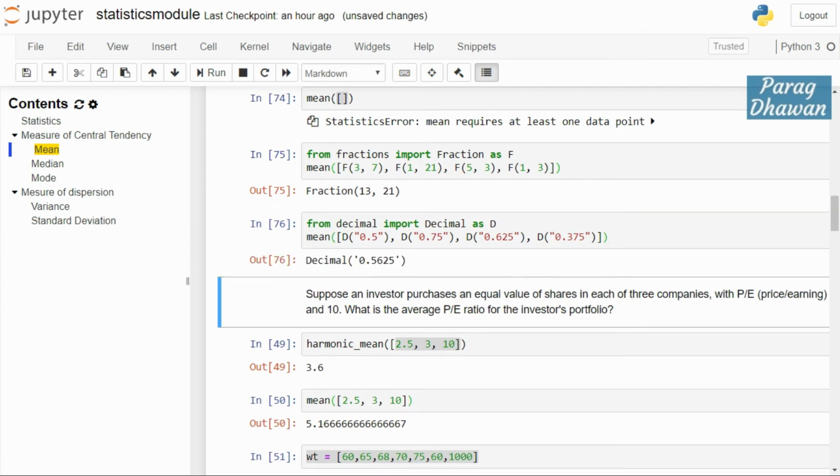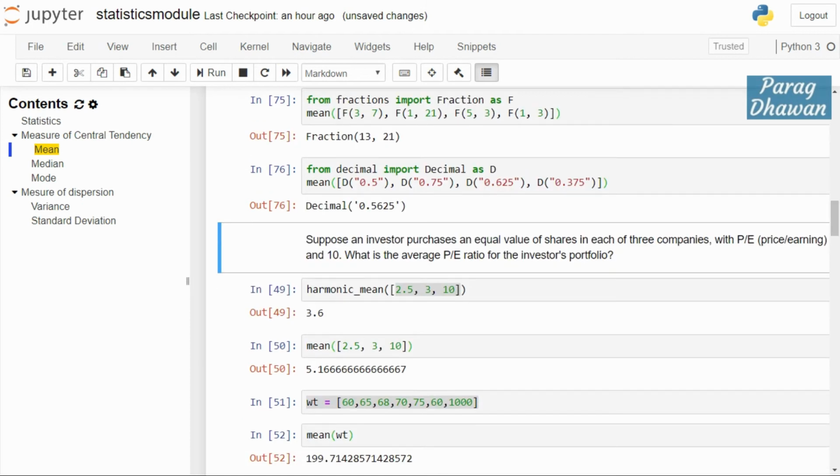If your data points are ratios, instead of using normal mean we use harmonic mean. The definition of harmonic mean is the reciprocal of the average of reciprocals. You take the average of the reciprocals of the data points which are ratios and then take the reciprocal of it; that will be your harmonic mean.